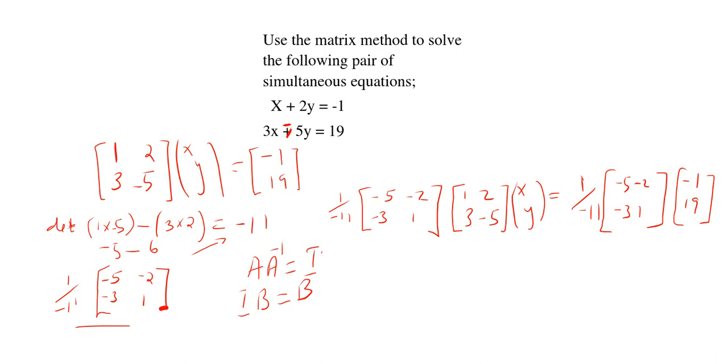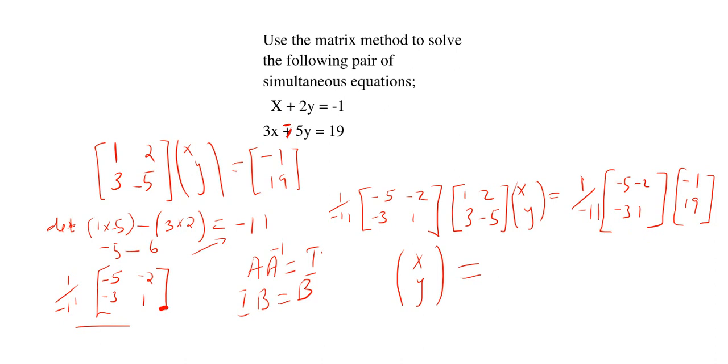So in this case, this inverse times this matrix will give you identity matrix. The identity matrix multiplied by matrix xy gives us our matrix xy. So our next step will be xy is equal to, now you multiply what is on the right hand side.